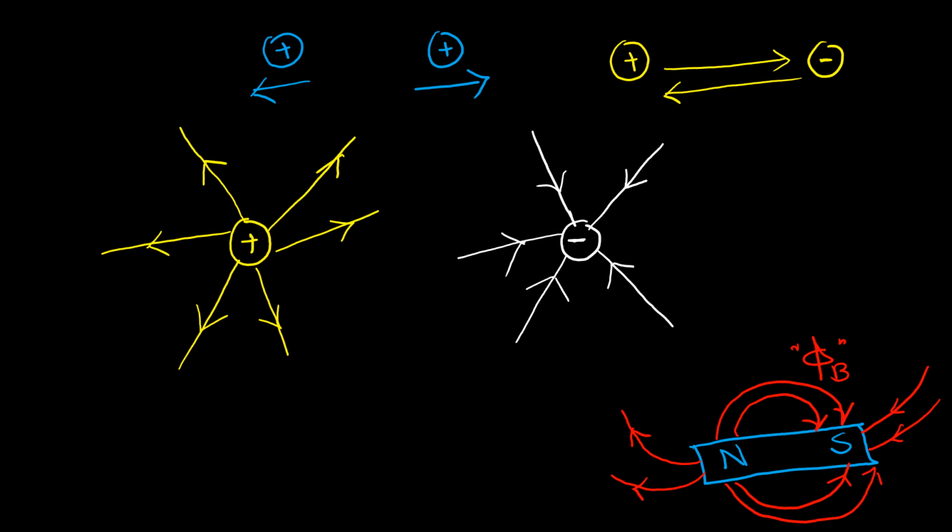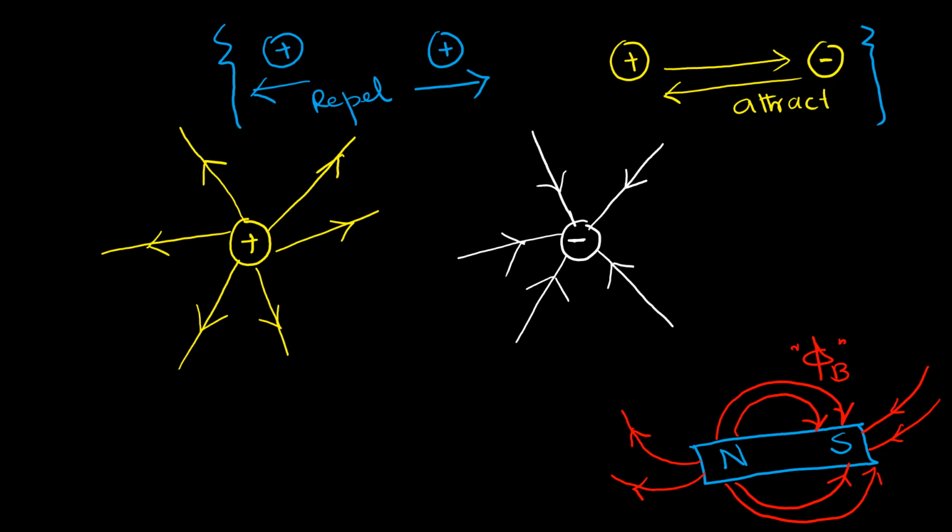So the question here is why same type of charges, plus and plus or negative and negative, repel each other, and why opposite charges like plus and negative attract each other? What is the reason for that?